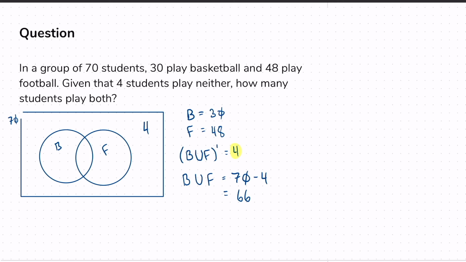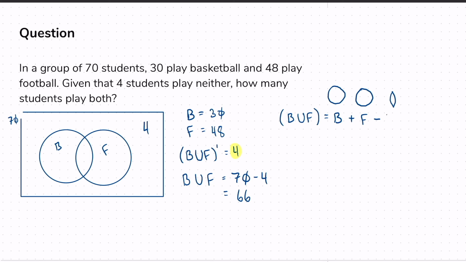Now, what I know as well is this formula: if I want to determine how many people play basketball or football, it's equal to the first whole circle, people who play basketball, plus the people who play football, minus the little teardrop in the middle.